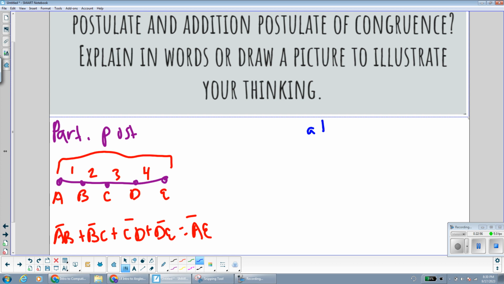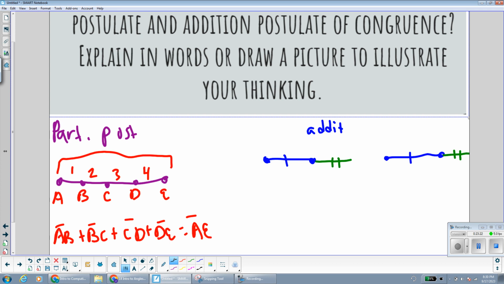The addition postulate is when you're starting with two separate objects to begin with that are congruent. You're starting with two congruent objects, and to each of those, you're adding on something congruent.